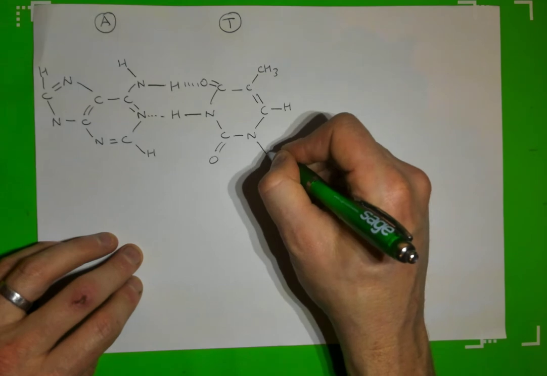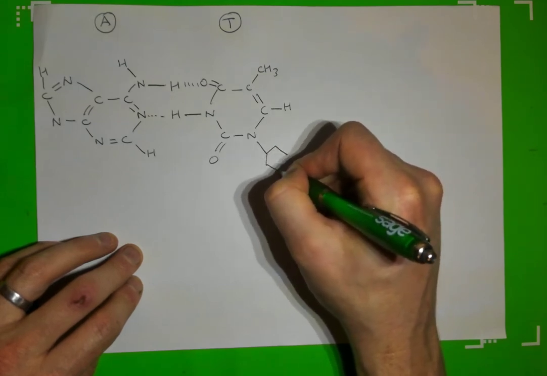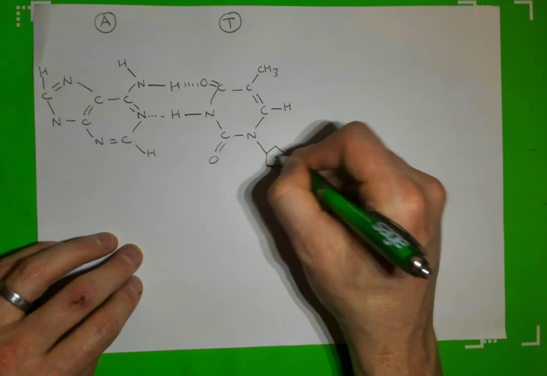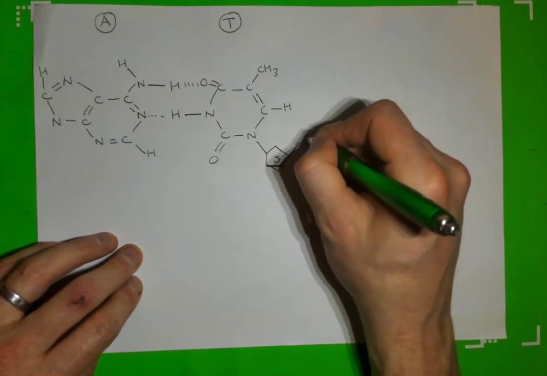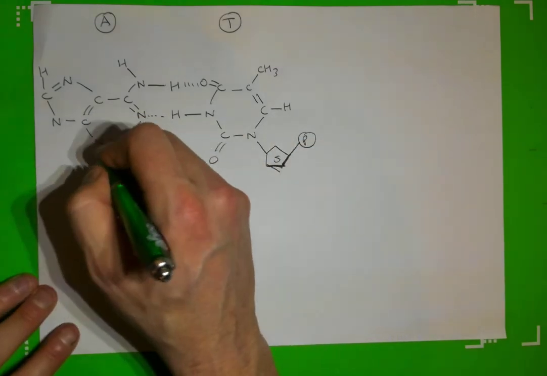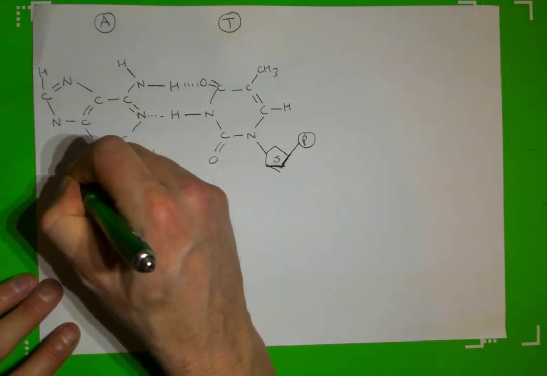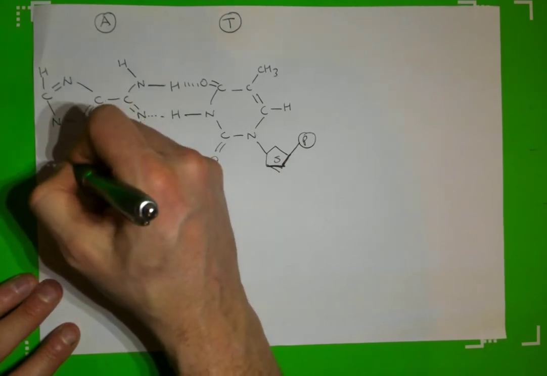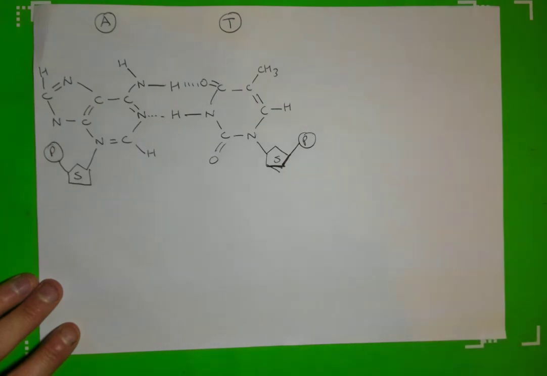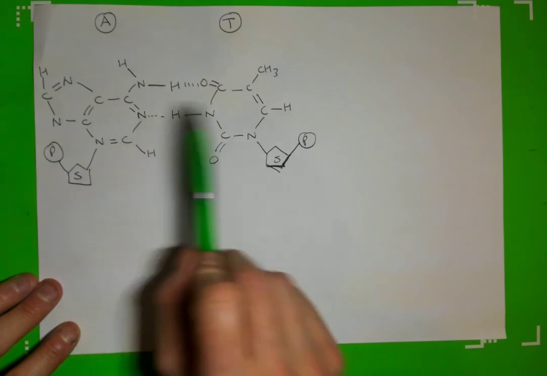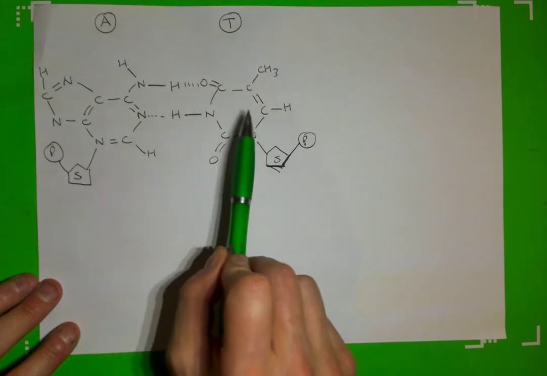And the sugar, which we haven't gone through the structure of yet, the pentagon shape here, and the phosphate group coming off the sugar. And likewise the same on this side, the sugar and the phosphate group, like that. Now you will be expected to be able to draw 2 hydrogen bonds between A and T.